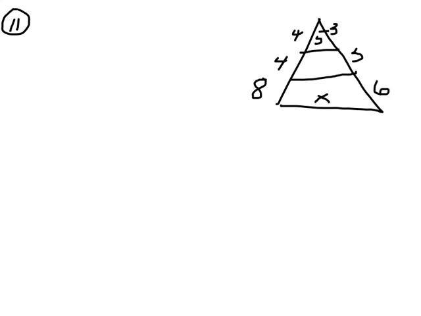Okay, so number 11, they want to know what is x, right? So for part of this, what you're going to need to do is just work from the top down. If you ignore anything past that last 4 and that last 3, and pretend the bottom didn't exist, I can tell this is a midsegment because 4 and 4 on either side of that point makes that the midpoint of the left side, right?